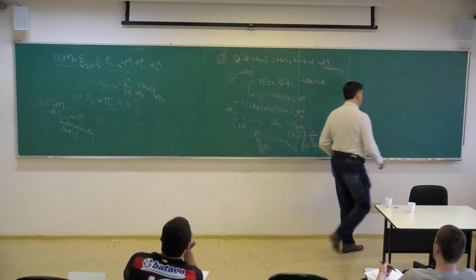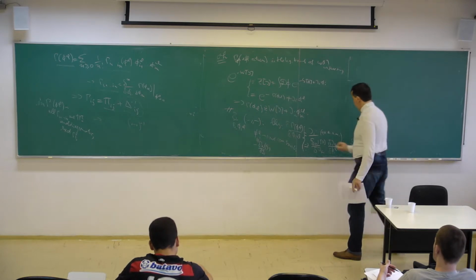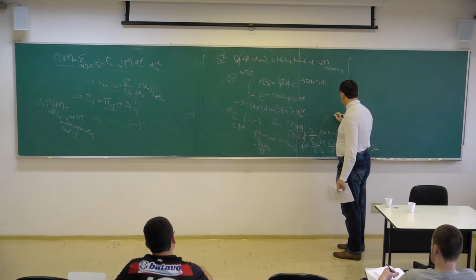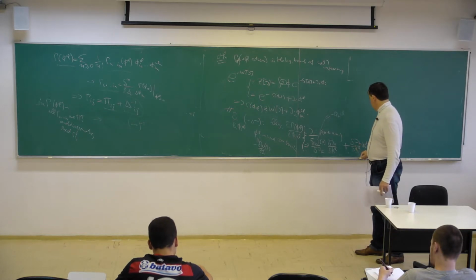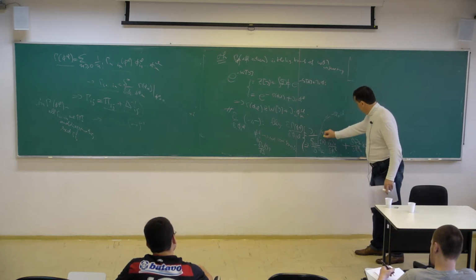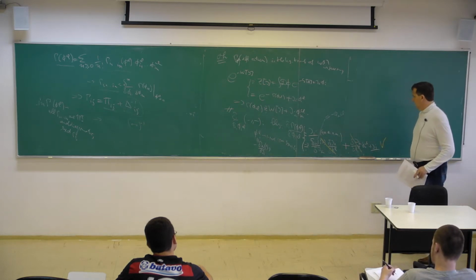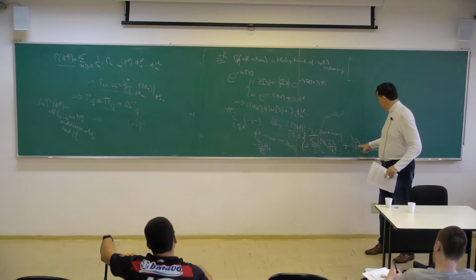So I write this as equal to minus phi_k classical, and then I just cancel these terms. So I have minus phi_k classical, the same, times dJ_k over d phi.